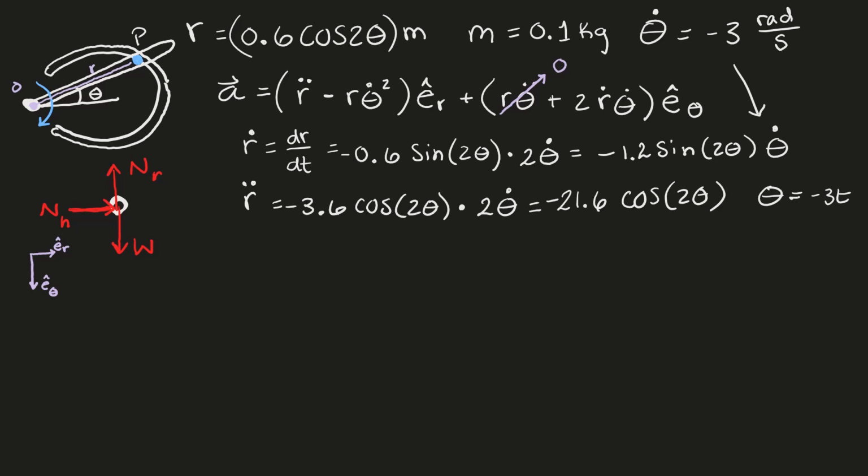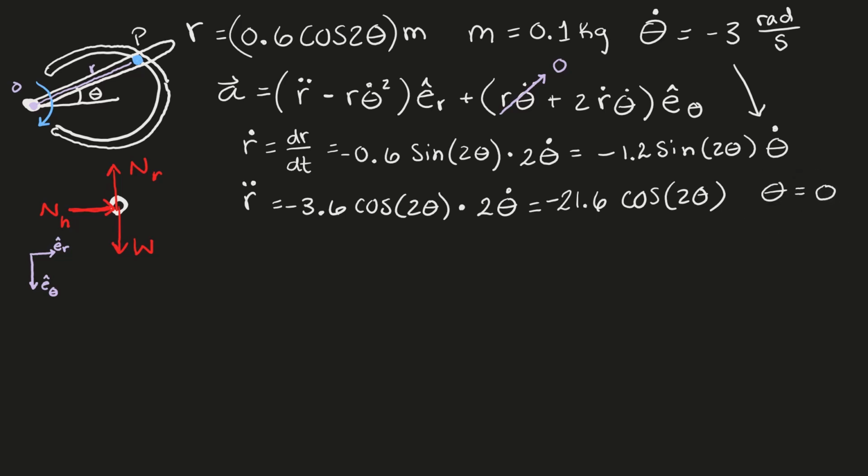Theta we're told is 0 at that time, so that would imply the time is 0 at that time, but the time isn't really much of a factor in this problem, so I'll just write theta equals 0.